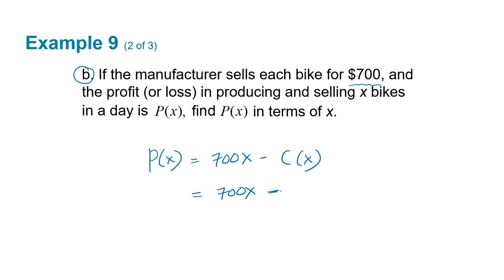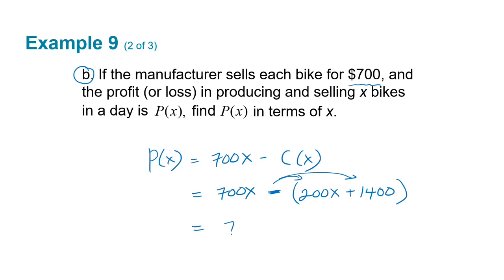Recall our cost function is equivalent to 500x plus 1,400. But you want to be careful when you're subtracting the cost function. Make sure you put parentheses around it because we're subtracting the whole cost. Let's distribute the negative sign throughout our expression.